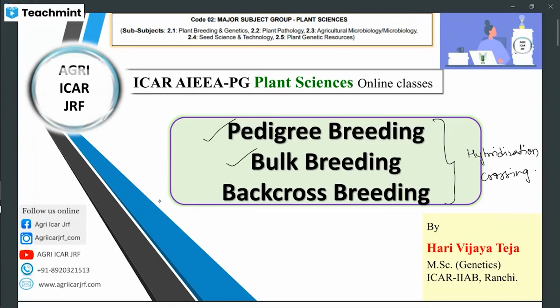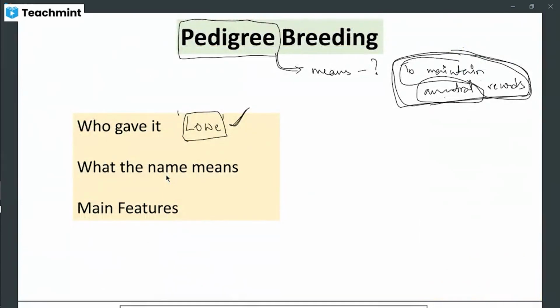The common thing is they have the hybridization going on in the first generation itself. The name pedigree itself indicates maintaining the ancestral records. Now we will see how the pedigree breeding procedure is generally followed.